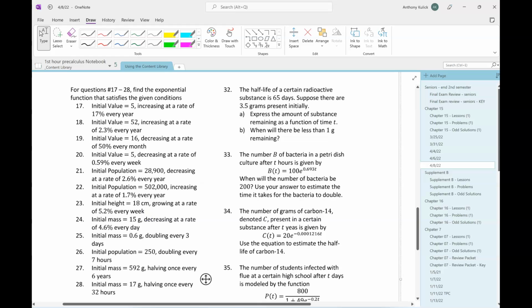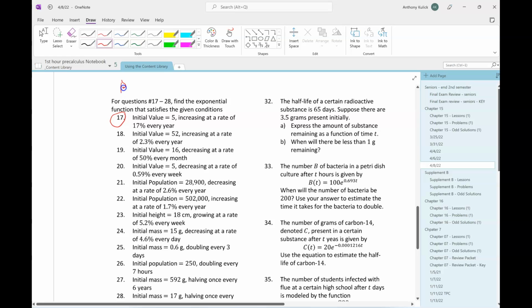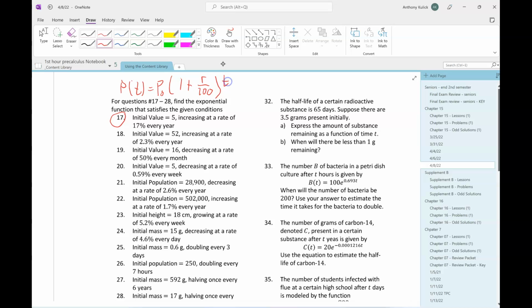So for 17 through 28, they just want us to set up the equation. It says find the exponential function that satisfies the given conditions. So for each of these, I'm going to be using our population model that we talked about a couple days ago.